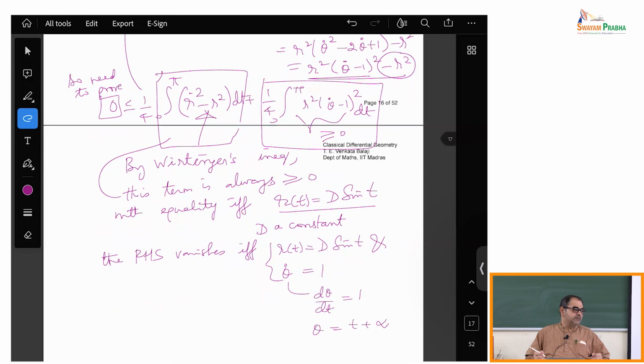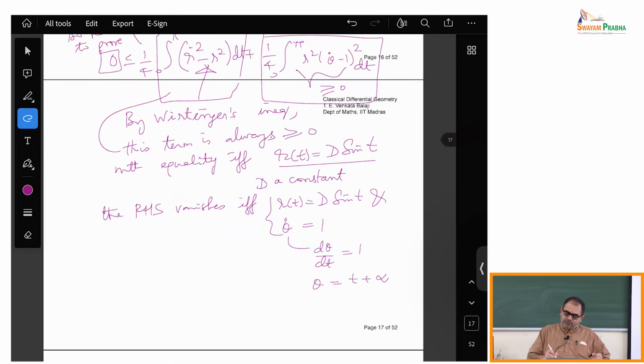Therefore you put these two together, and equality happens if and only if you have this r of t. Let me replace everything by theta, so t will be theta minus alpha.